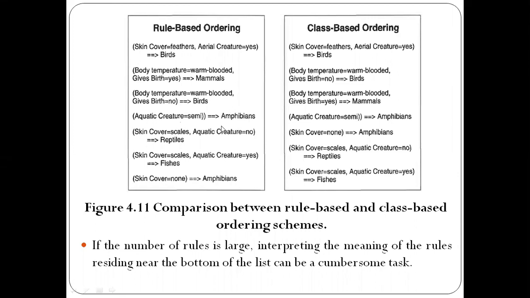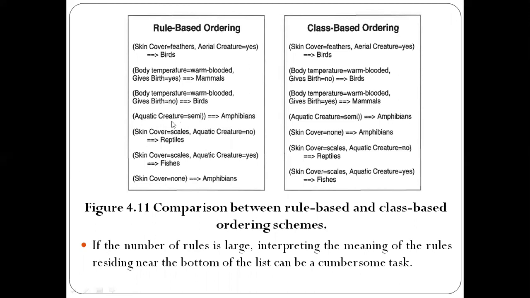For example, consider the rule aquatic creature equals semi implies amphibians. Then this rule is going to assume that the vertebrate we have is not going to have any feathers. So we will be considering the negation of all these rules for interpreting the lower ranked rules.